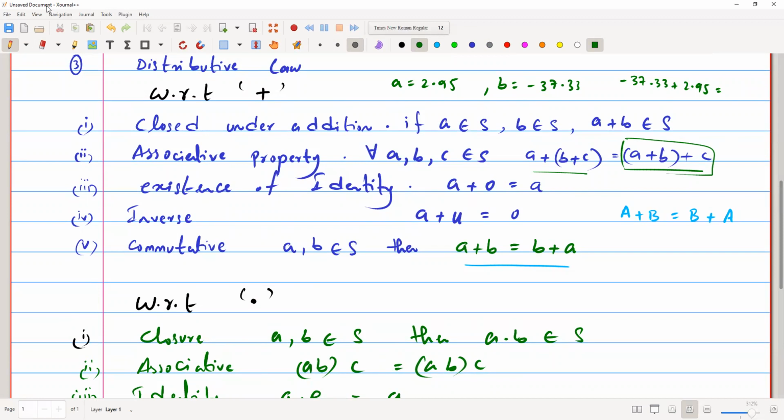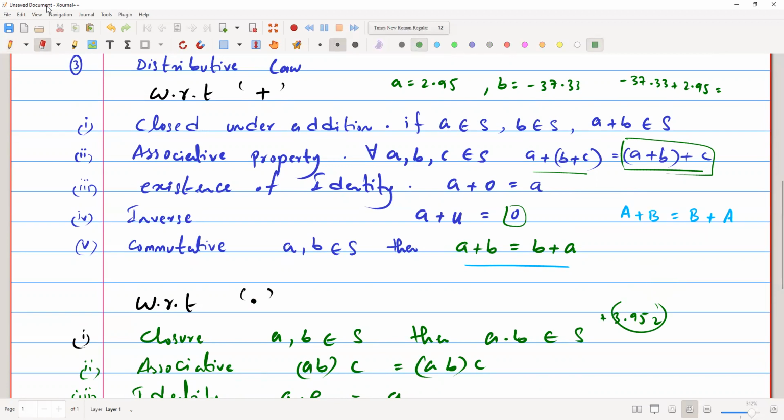And then existence of identity, we have A plus 0 equals A. If we add 0 to any real number, we get the same number. And for the inverse property, we have the inverse of every element. For instance, if I take negative 3.952, then I have positive 3.952 as well. If I add this to this number, I get the identity, which is 0. So this property is also satisfied.